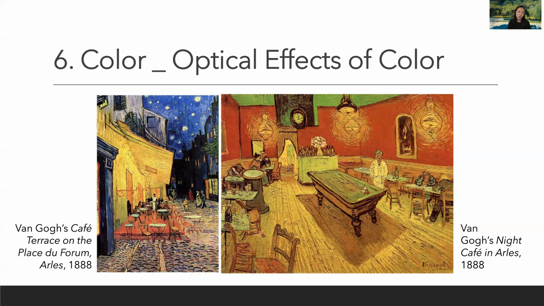So these are Vincent van Gogh's paintings. He used simultaneous contrast for optical effects of color in these two paintings. So look at the left painting first. So he used dark blue on the sky and the yellow light here with the vivid orange outdoor dining spots like this.